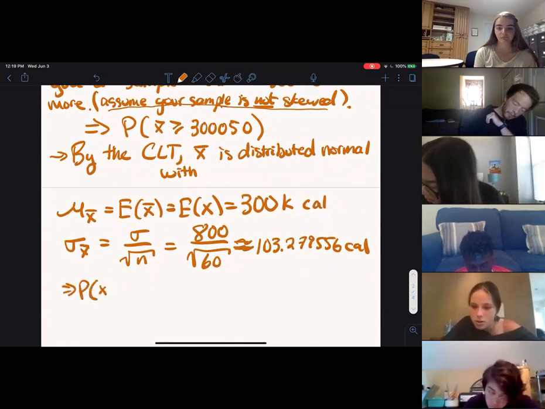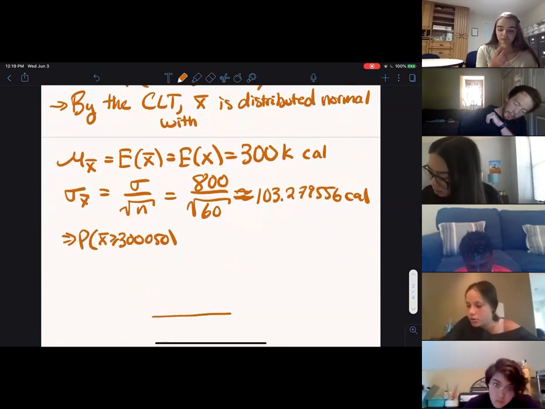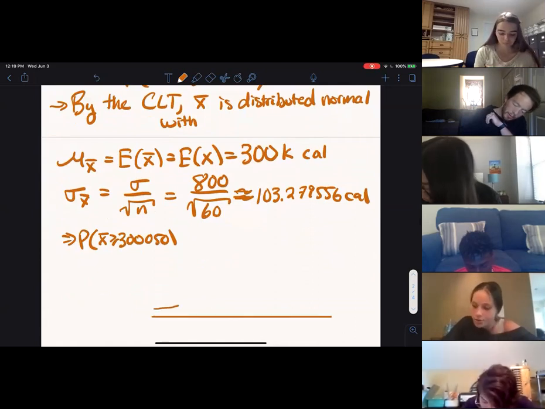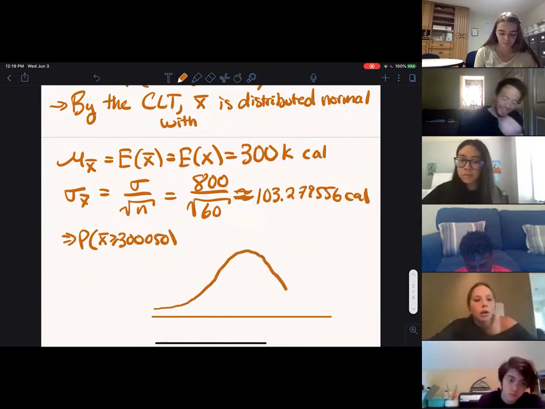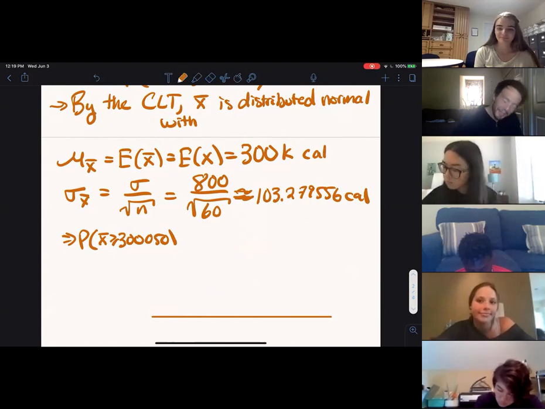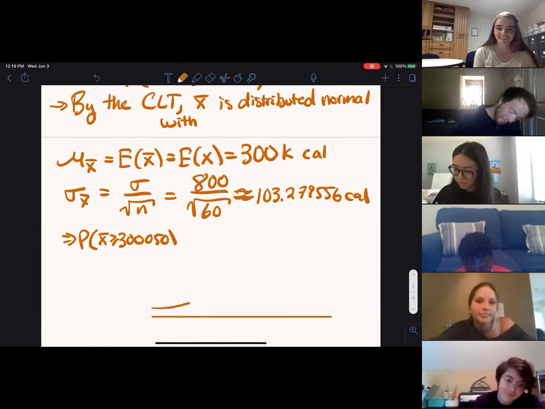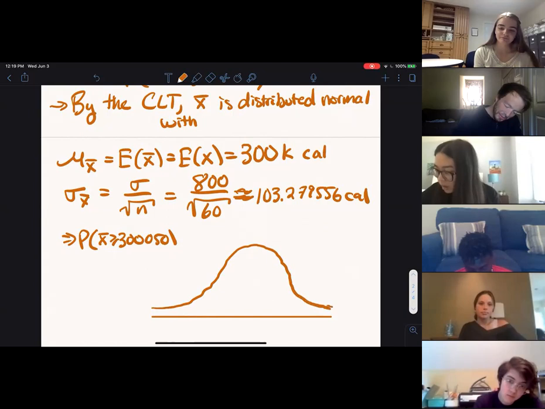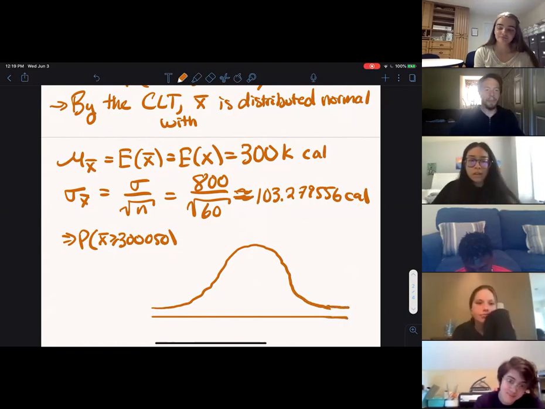Cool. So if we want to know this probability, let's see how I can draw this. So many years of schooling, they never taught me how to draw. You're like a B minus, I think.